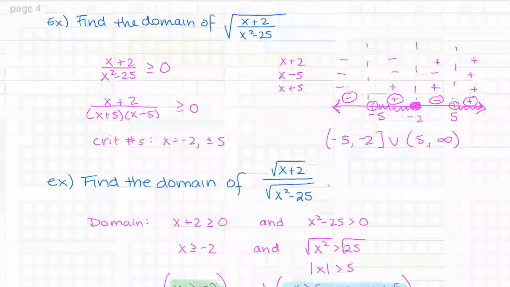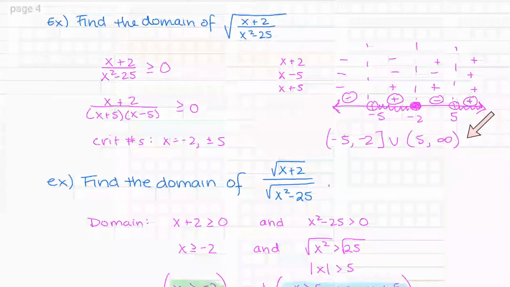So we go ahead and solve it just like before, and we get this interval right here at the bottom. So that's this first example. Now look at the difference, and I'm going to leave these on the screen. I'll scroll down in a second. But when the radical is separated, so when the radicals are inside the fraction, now we have to look at each one individually.